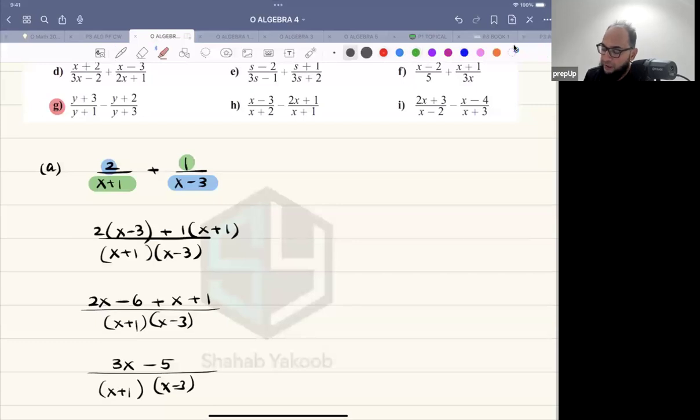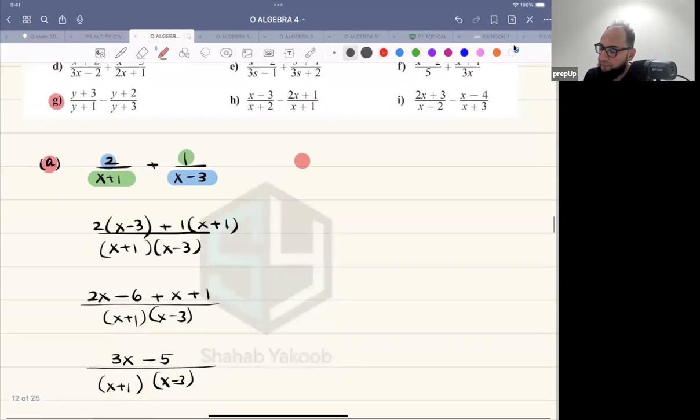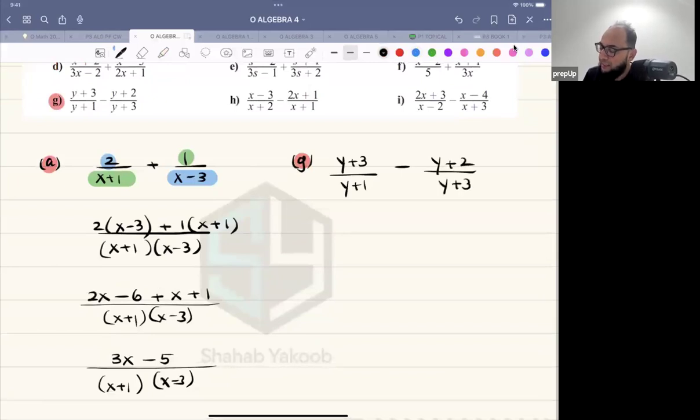So now this is one thing. And the next one is g. So g is 1 over y plus 1 minus y plus 2 over y plus 3, and again it's the same process. This is y plus 1 and y plus 3.